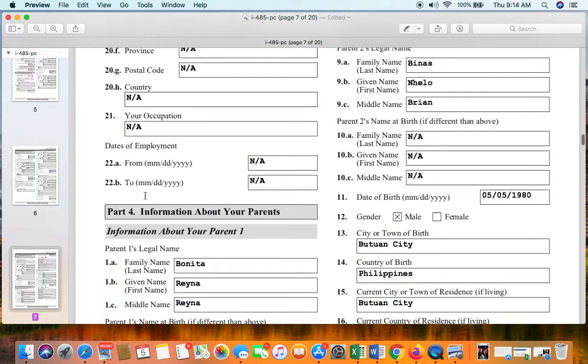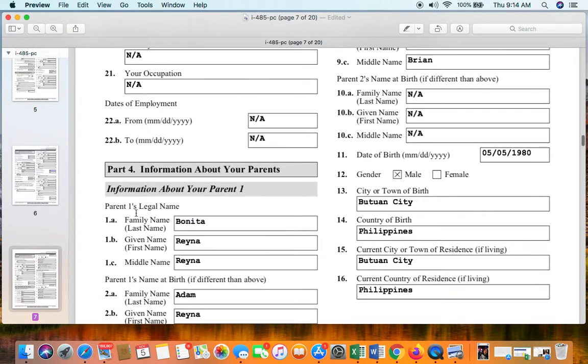Part 4, information about your parents. Since I am the mother and the principal applicant, I'm just going to put my name right here. So family name, I'm just going to put Bonita, Reina.